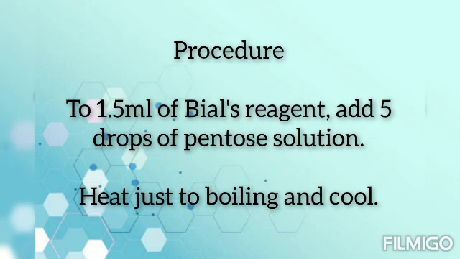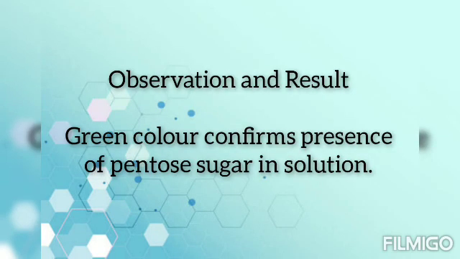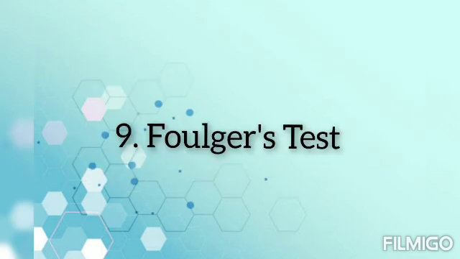Procedure: to 1.5 ml of Bial's reagent, add 5 drops of pentose solution. Then heat just to boiling and then allow to cool. Observation and result: the green color confirms the presence of pentose sugar in solution. This test is only given by the pentose sugar.